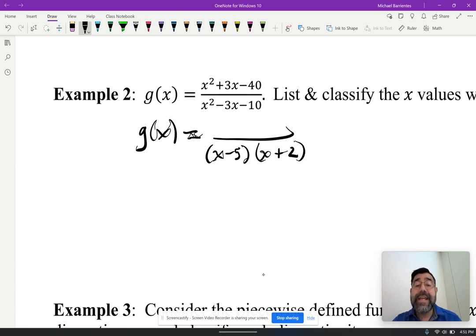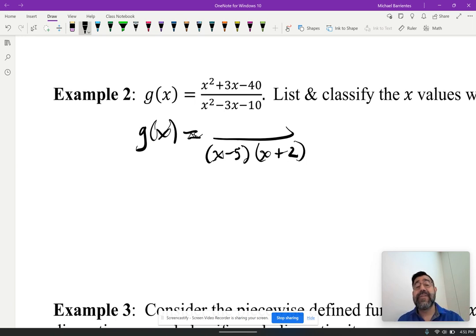And at x equals negative 2, that's the second place, because negative 2 plus 2 is 0, and negative 2 minus 5 is negative 7, and negative 7 times 0 would be 0. But remember, if there's a 0 in the denominator and a number that's not 0 in the numerator, then we'll have infinite behavior with a vertical asymptote.